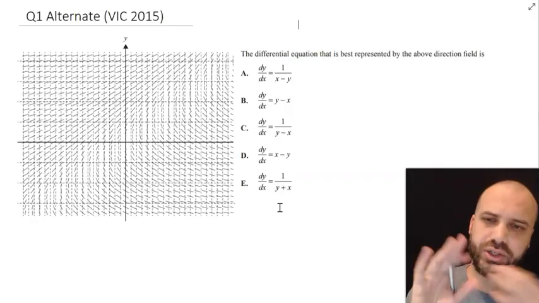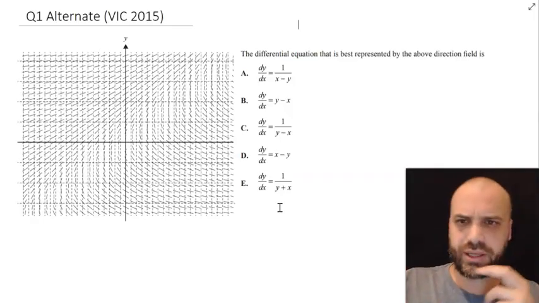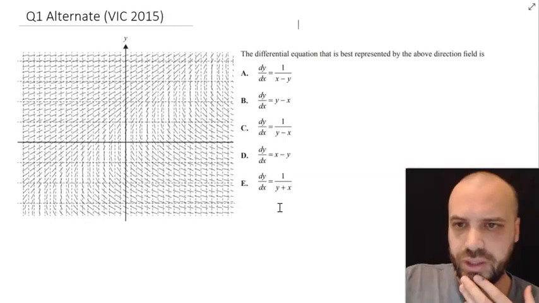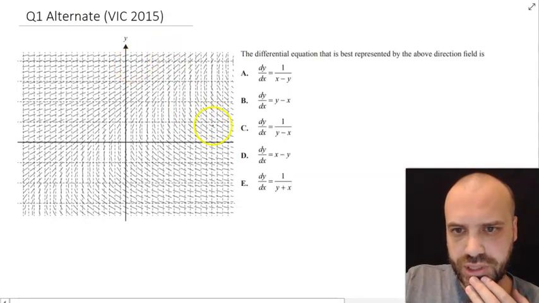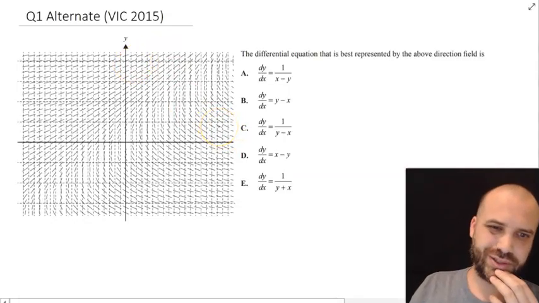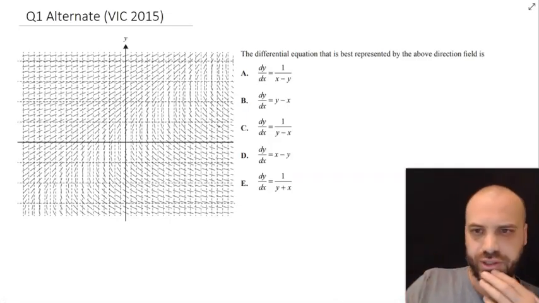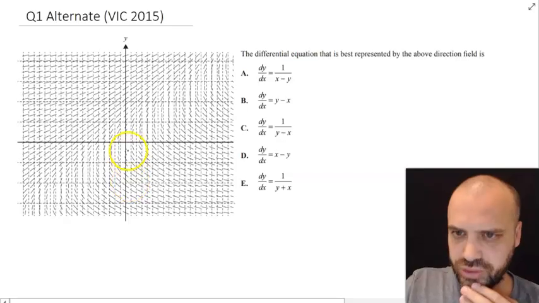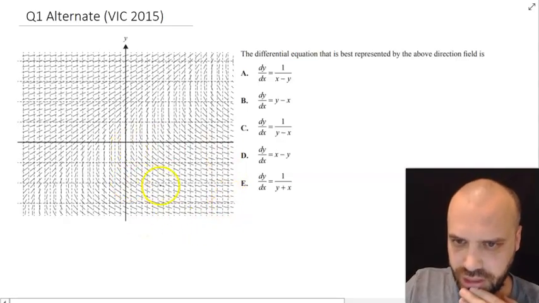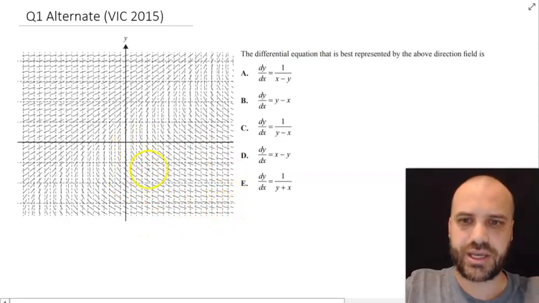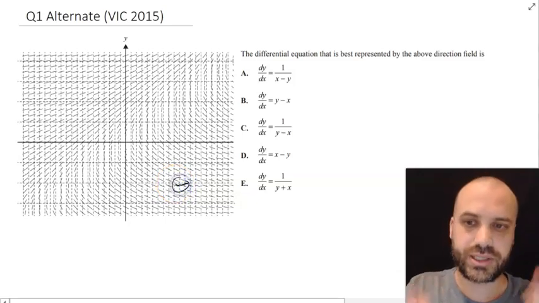Let's do it. I can use similar tricks here, right? But I've got small issues. In quadrant 1, I have both positive and negative gradients. So that's a bit of an issue. So I can't use that quadrant 1 trick. But look at quadrant 4, right? Every gradient there is negative. Okay, so we can deal with that.